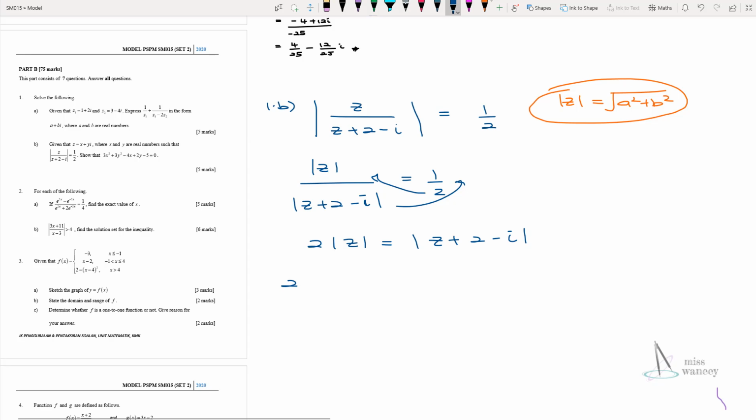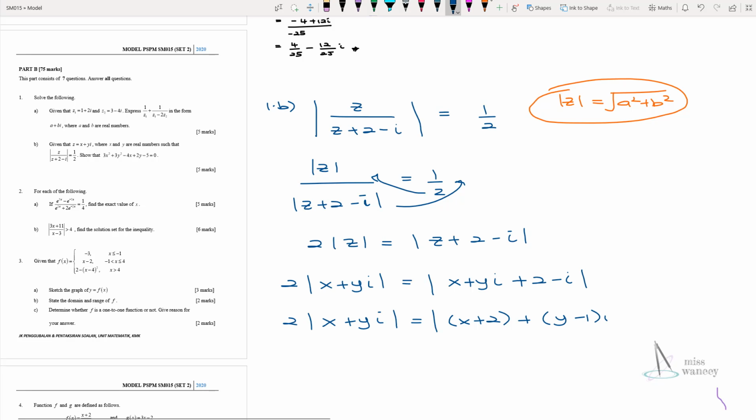So I have 2 modulus of x plus yi equal to modulus of x plus yi plus 2 minus i. Okay, so on the left hand side, this is fine. I'm gonna use the formula later on. But on the right hand side, I need to separate the real part and the imaginary part. So the real part is x plus 2. The imaginary part is y minus 1 i.